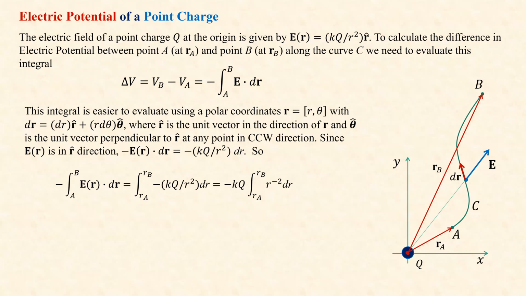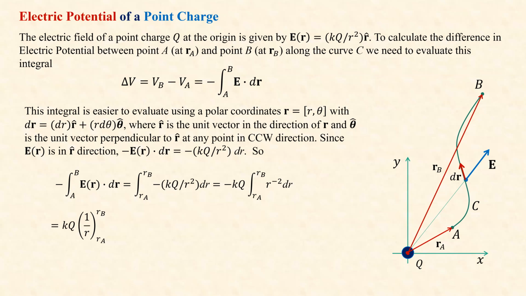All right, the negative sign can come out, and KQ is constant, so it comes out. So we have the integral of R to the negative 2 dr. 1 over R squared becomes R to the power negative 2. And then you know what the integral is. You add 1 to the power and divide by the new power.